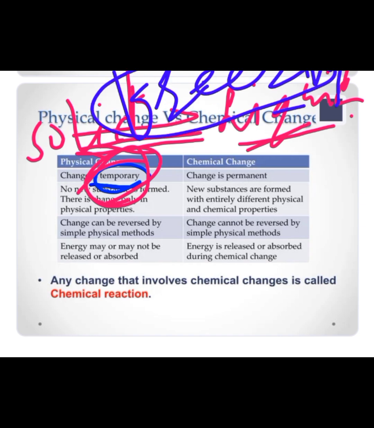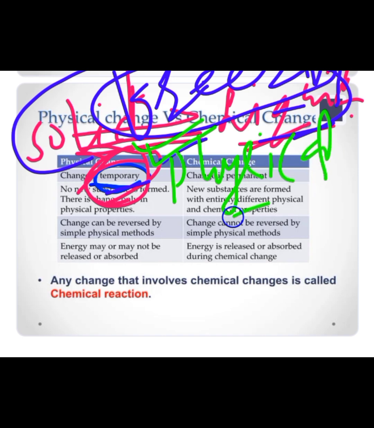So it is a reversible change also, and it is possible to interconvert, so it is a temporary change also, and this change can be reversed by simple physical methods.